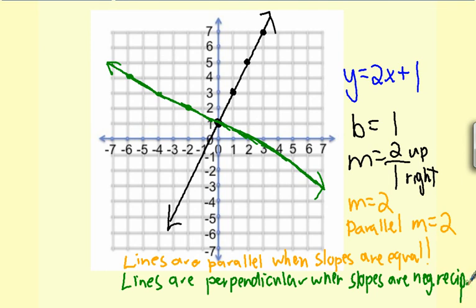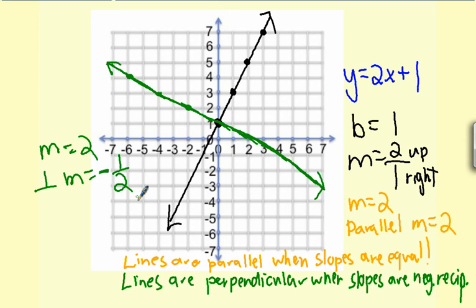So I already know that my original slope equals 2. So my perpendicular slope has to equal the negative reciprocal of 2 over 1, which is 1 over 2. So my negative reciprocal in this case is going to be negative 1/2, right?